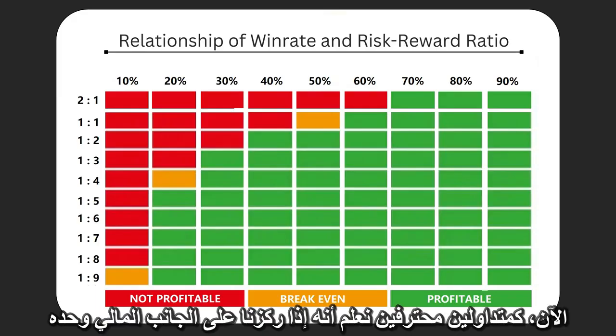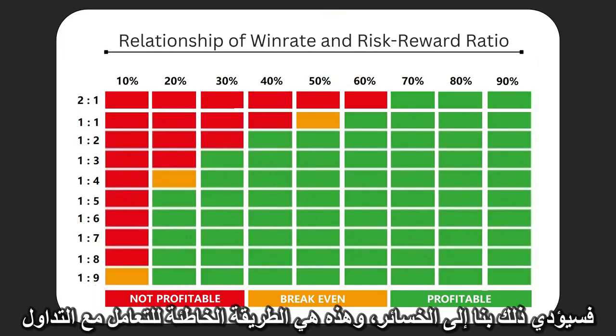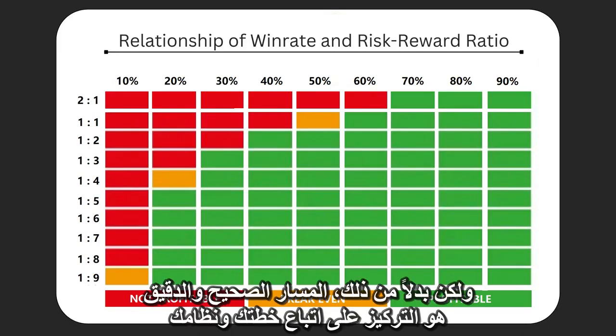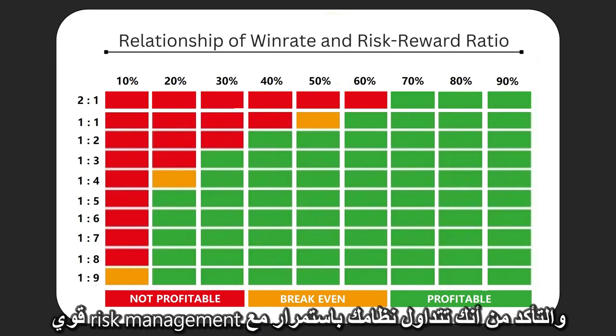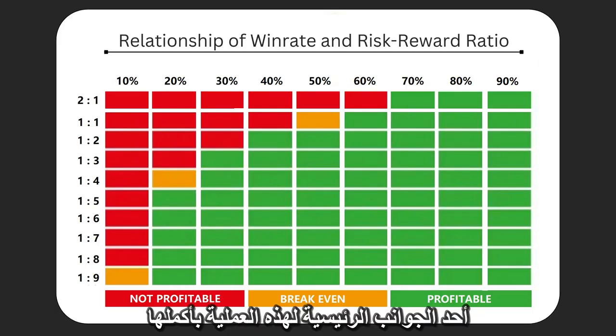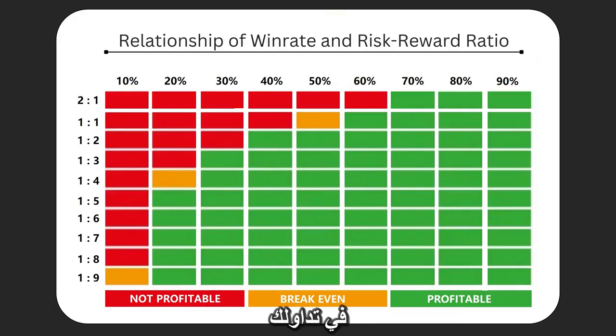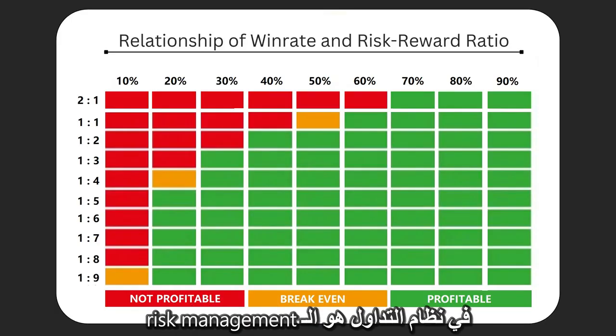Now, professional traders know that if we focus on the money aspect alone, it'll lead us to losses, right? And that's the wrong way to approach trading. Instead, the correct path is to focus on following your plan and system consistently, and make sure that you're consistently trading your system with solid risk management and solid discipline, right? One of the main aspects of that whole process in your trading system is risk management, right?